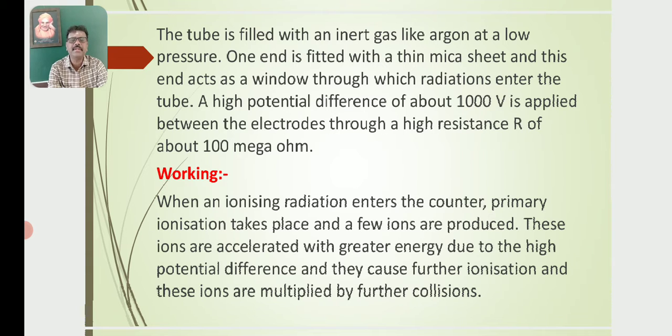Then, what about the working of the Geiger-Muller counter? When an ionizing radiation enters the counter, primary ionization takes place and a few ions are produced.